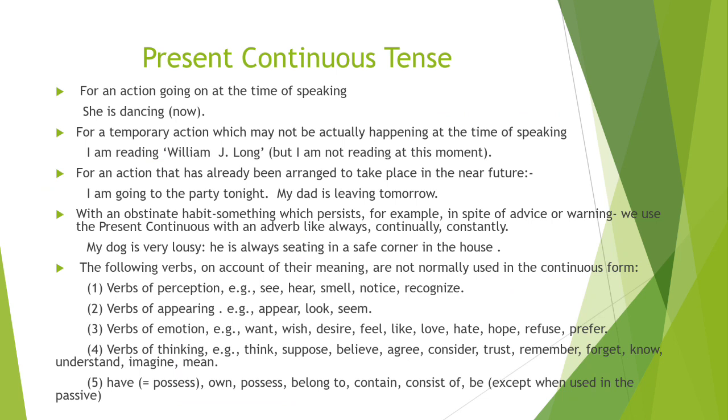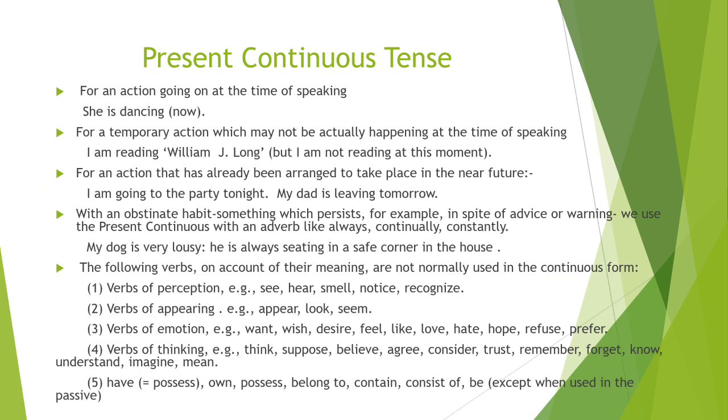For example, I am teaching you. So this is happening while I'm speaking it. Okay, so this is happening now. So when the adverb now is given, we'll be using present continuous tense.